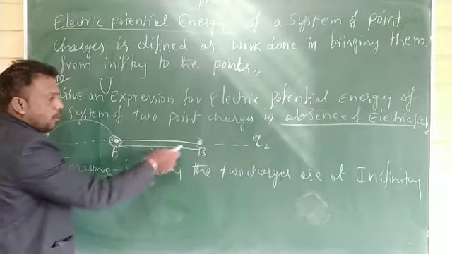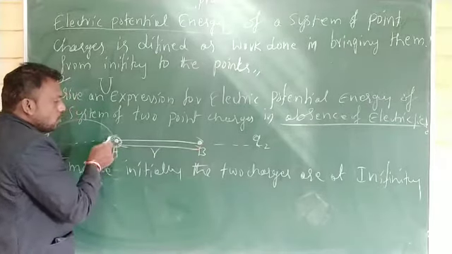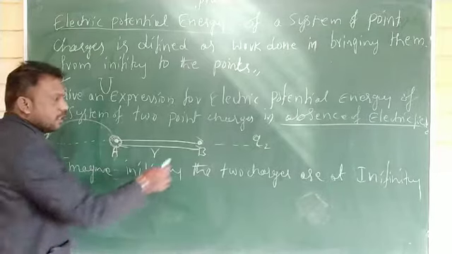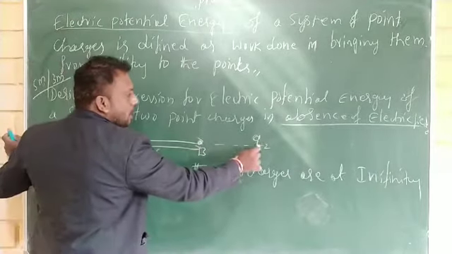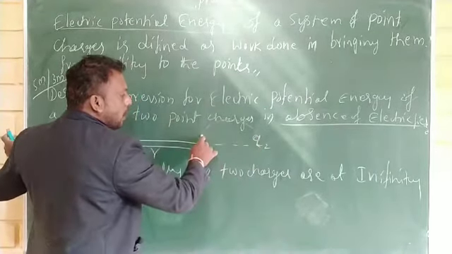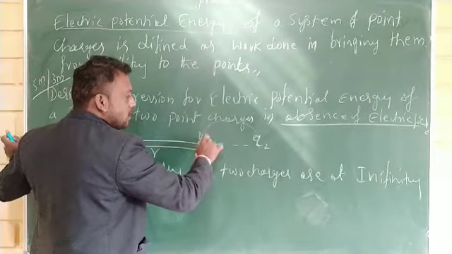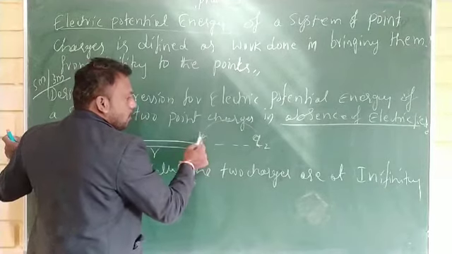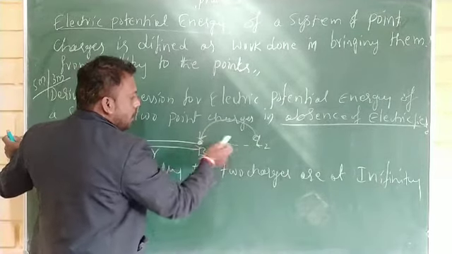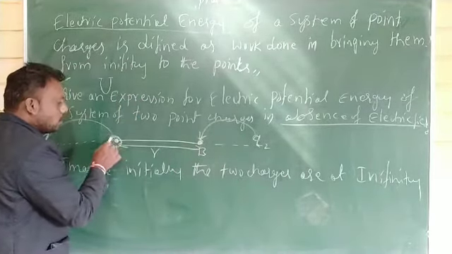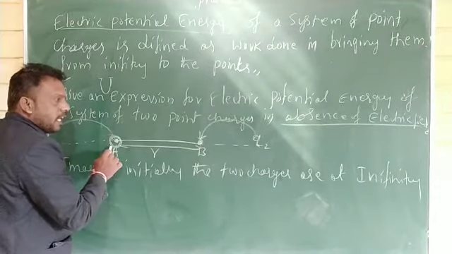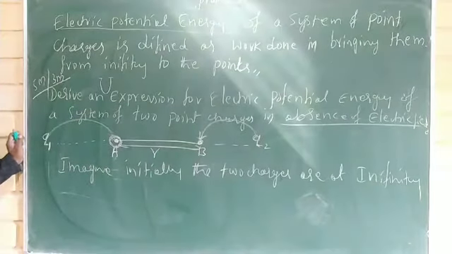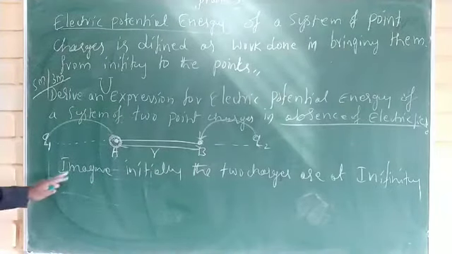That is V1. After that, bringing Q2 charge from infinity to point B, work is done because the electric field due to Q1 charge at point A opposes the Q2 charge. This is the concept.